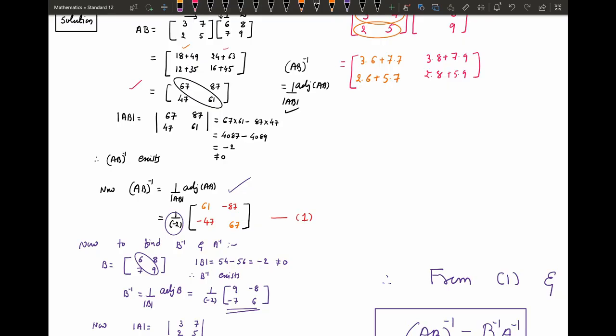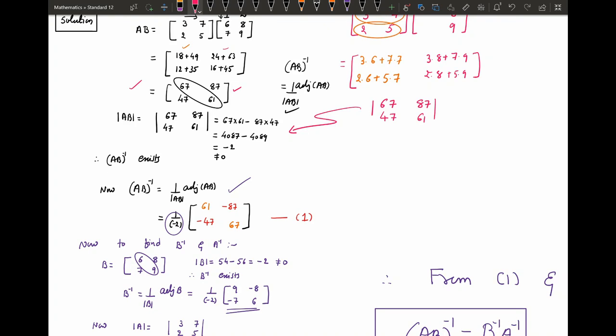Now evaluate determinant AB. The determinant formed by this matrix 67, 87, 47, 61, and the value of this determinant, you can observe, is -2, not equal to 0.